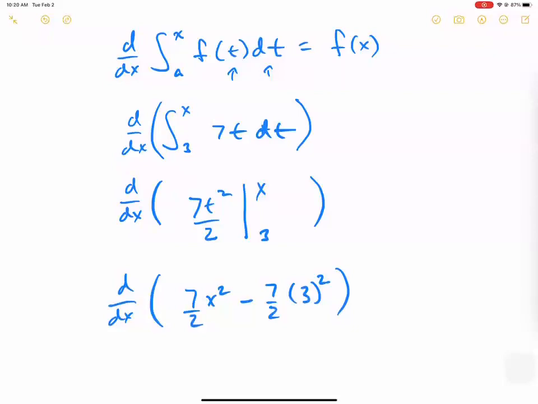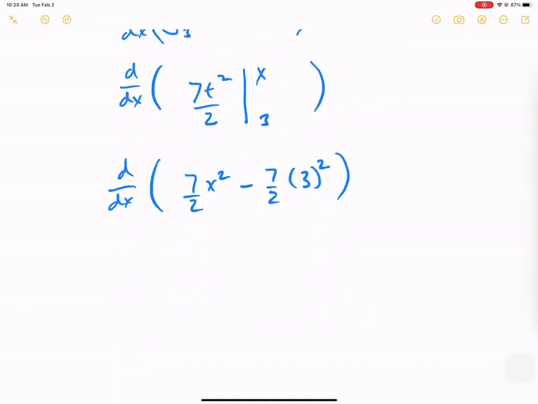Okay. Hopefully you guys are all on board still. And now, once we're done here, this is some number, some constant number. But what if I ask you now to go ahead and take the derivative of the same exact problem? The derivative of 7 over 2 x squared is 7 over 2 times 2x, right?